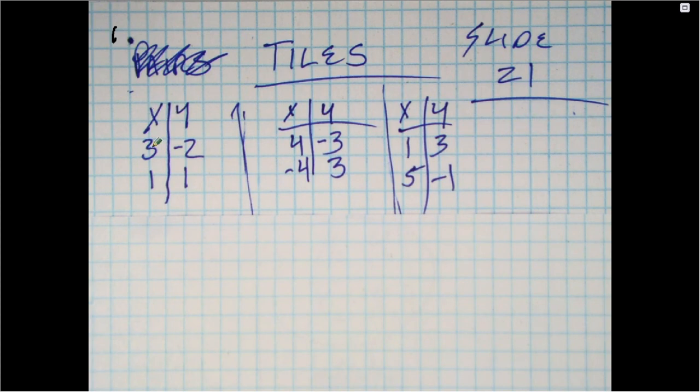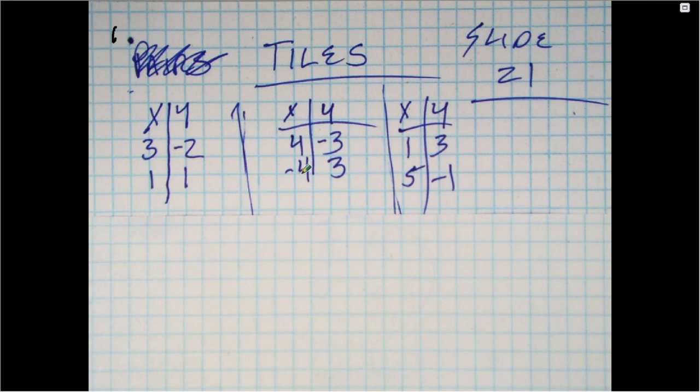X1 is 3 and Y1 is -2. X2 is 1, Y2 is 1. On the next table, X1 is 4, Y1 is -3.